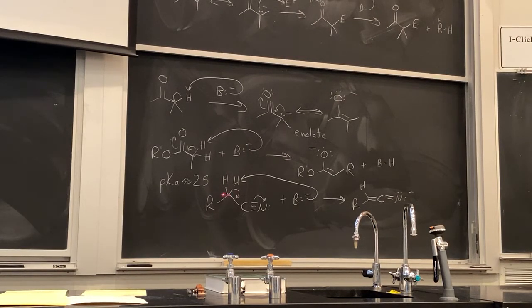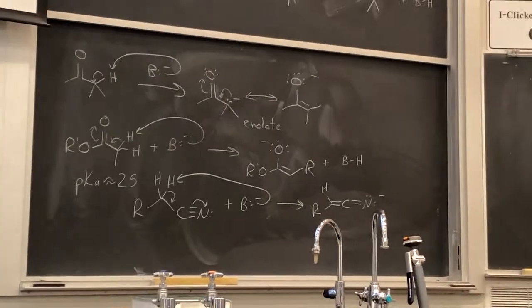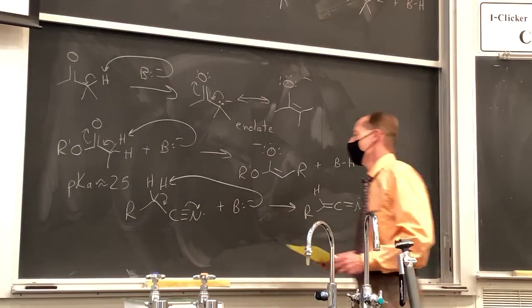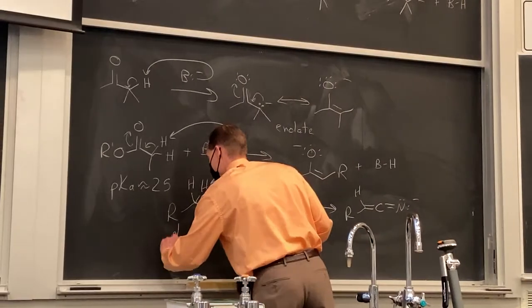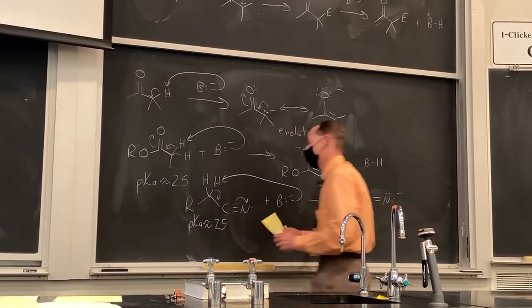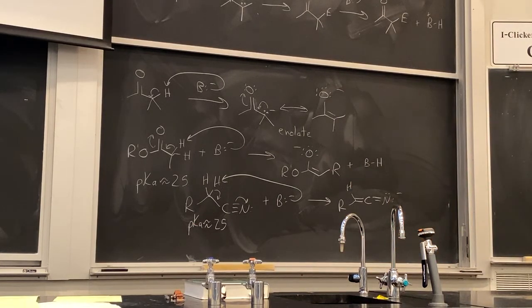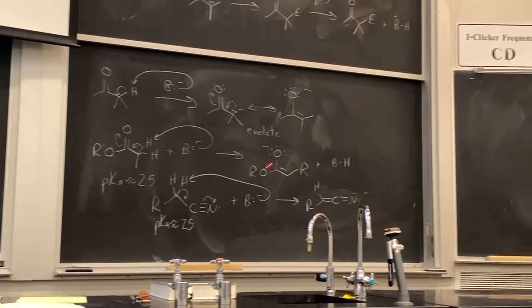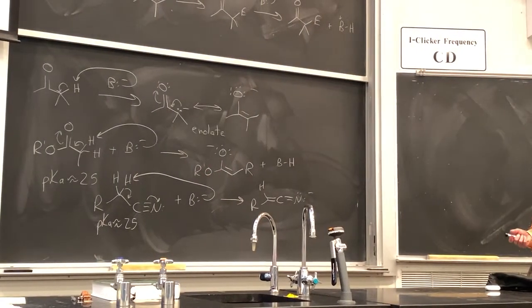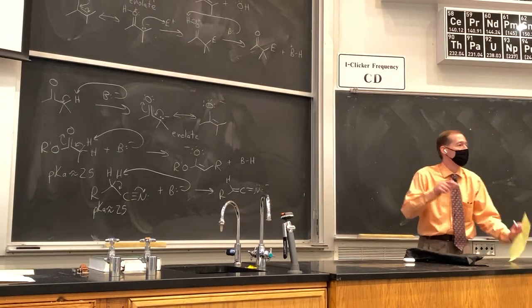The minor contributor would just have the negative charge on the carbon and then have the triple bond of the nitrile. But I've drawn the major contributor of that species. So the nitrile pKa is comparable to the ester. It's right around 25. Okay? We don't have the donating effect of the oxygen, but we also have the negative charge on a nitrogen as opposed to an oxygen.